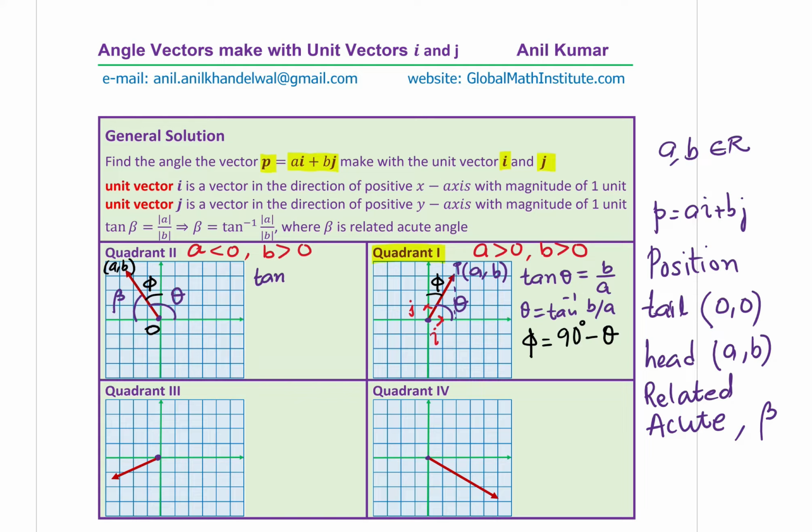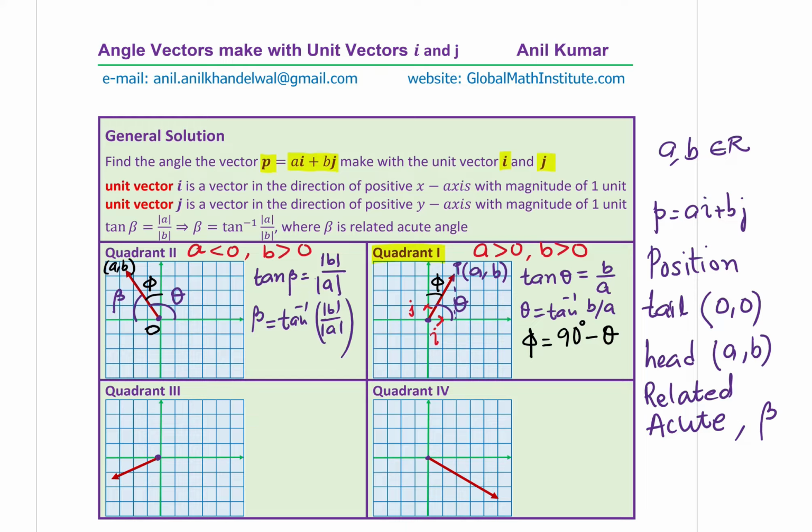Consider the points as positive. So tan beta is equal to the absolute value of b over the absolute value of a. And from here we get the value of beta as tan inverse of the absolute value of b over the absolute value of a.